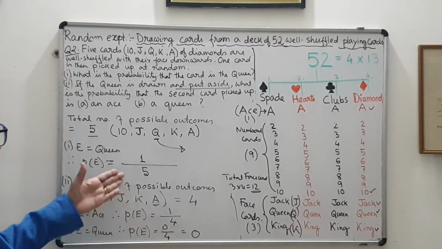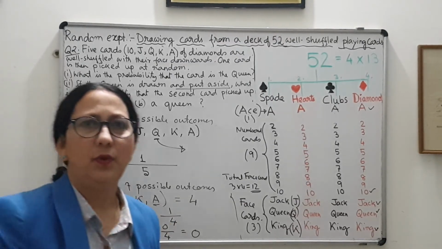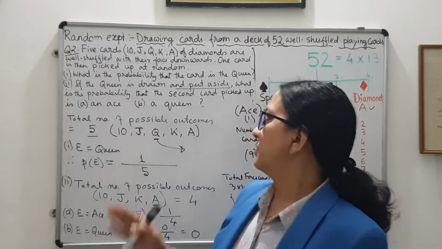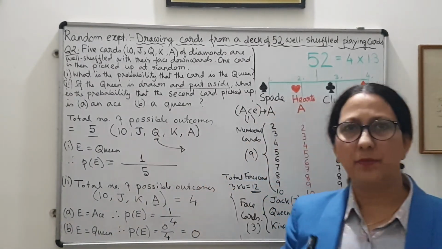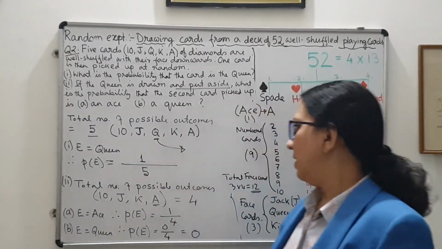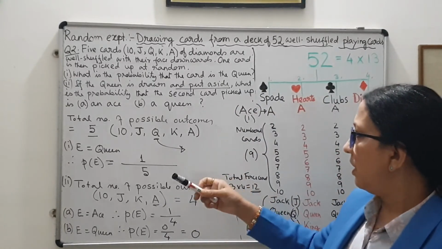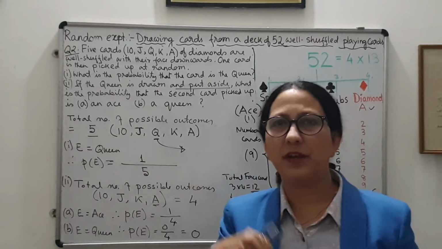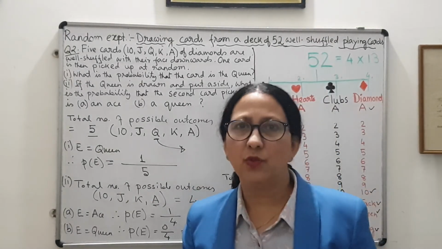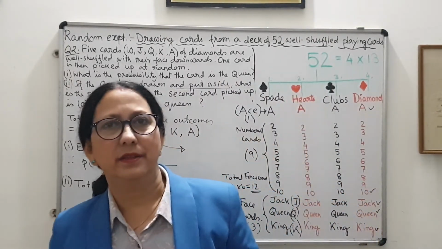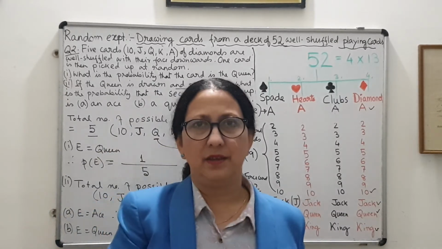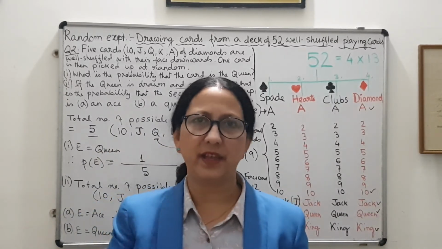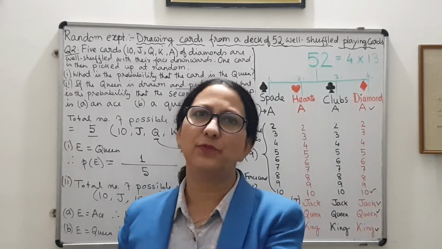So it is always very important to observe what is the total number of possible outcomes and what is the number of favorable outcomes. In this kind of experiment, when you are drawing a card, it is very important to notice whether the first card is replaced in the deck when you are drawing the second card.